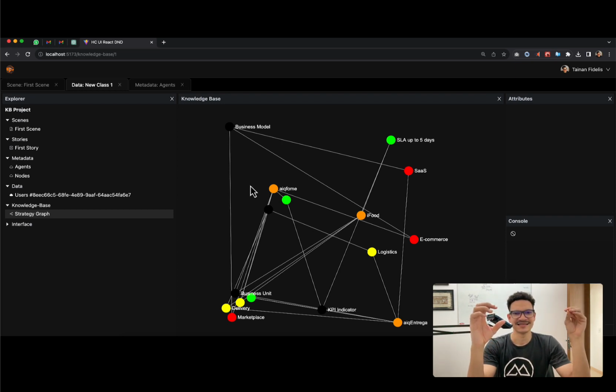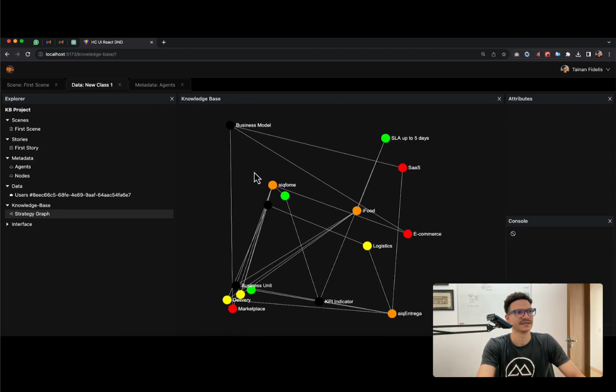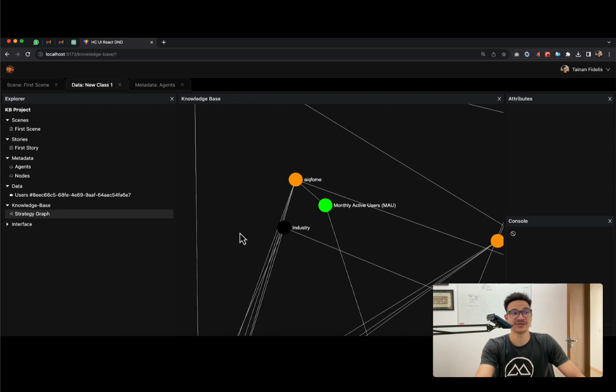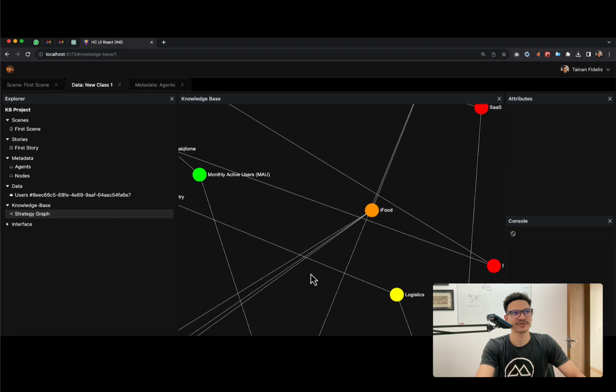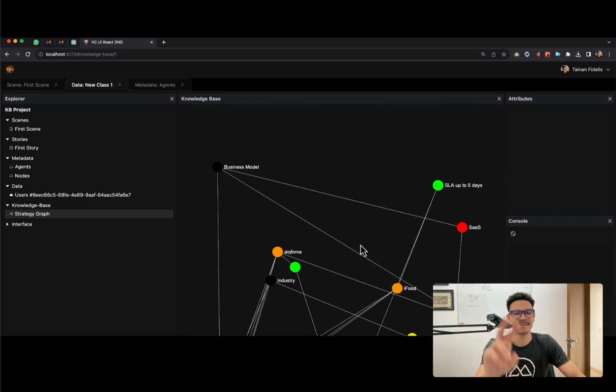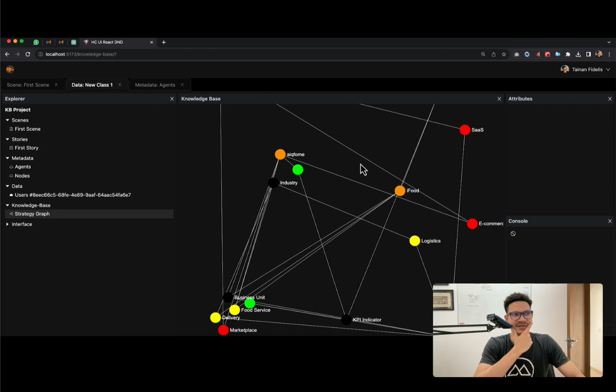So the meta nodes, the nodes that define other kinds of nodes that are considered instances, right? So for this one, we have business model as one node. We have industry as another node. We have business unit, KPI indicator, and these are the meta nodes, or the entities, if we can call them this way.